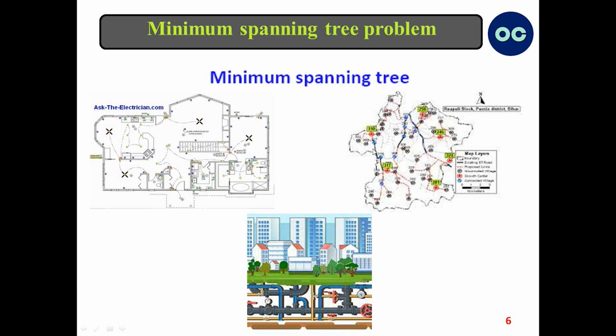The second one, the Ministry of Roads is seeking the most efficient way to connect the villages in the same region, minimizing the length of the connecting paths. And the last one, the Water and Sewage Department aims to create a water supply network in a town under construction using the shortest possible length of pipe here.